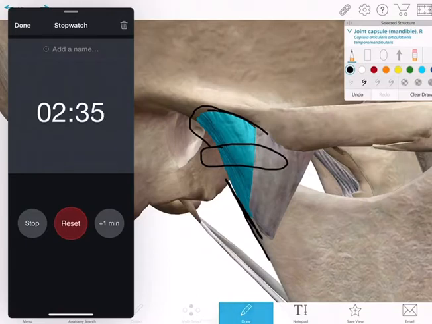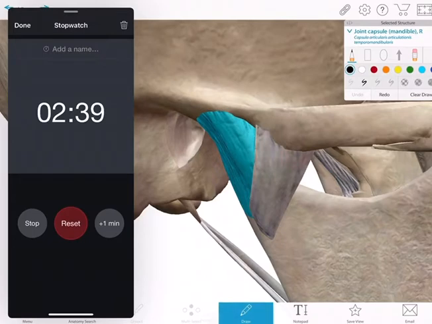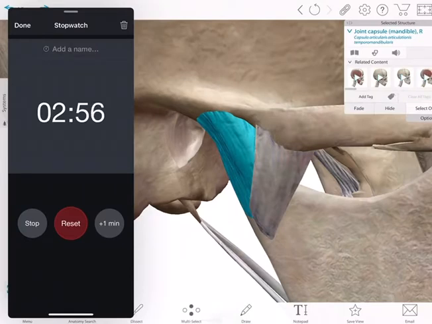Okay, the capsule is loose, so the mandible can naturally dislocate anteriorly. The capsule is loose somehow, so the mandible can dislocate anteriorly easily.